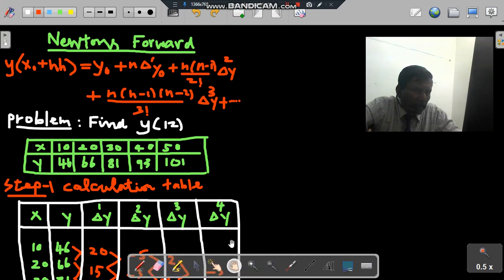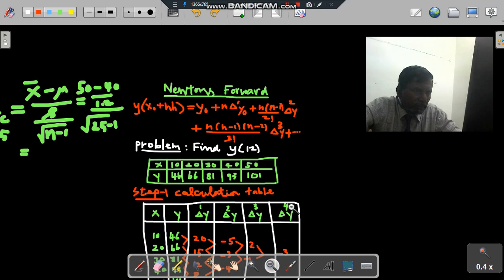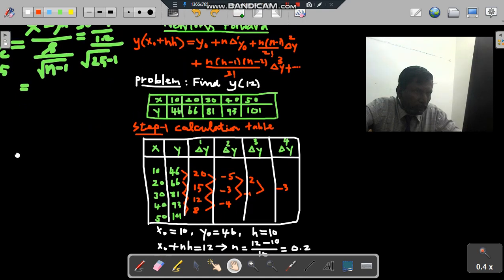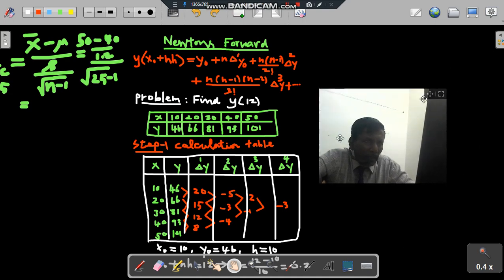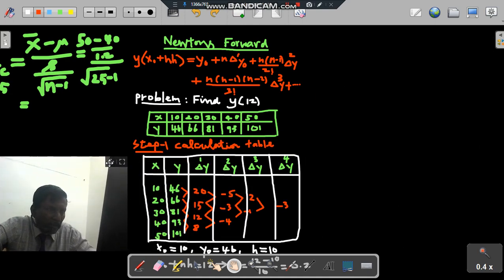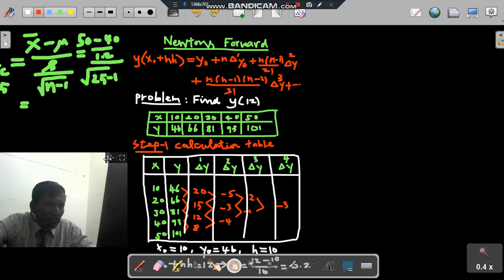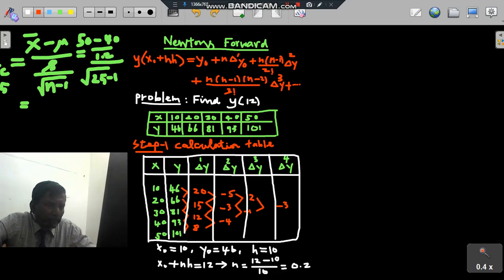Now let us minimize and bring my camera here so that we can understand more. Now it is clear, am I correct? What's the next step? Next step is that we have to substitute what we have found in equation number 1.